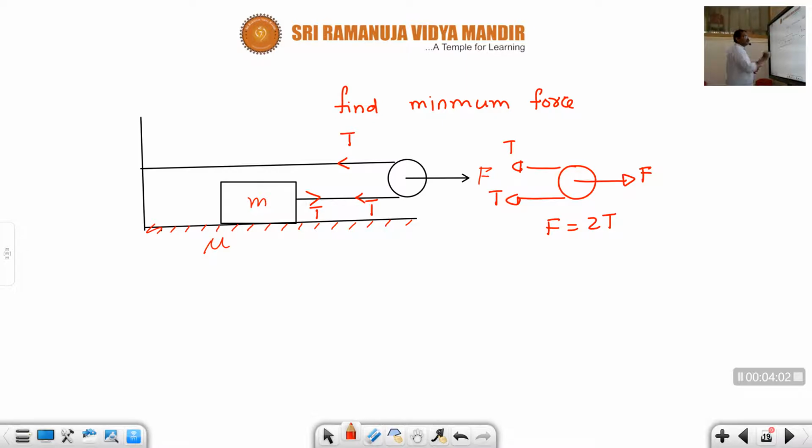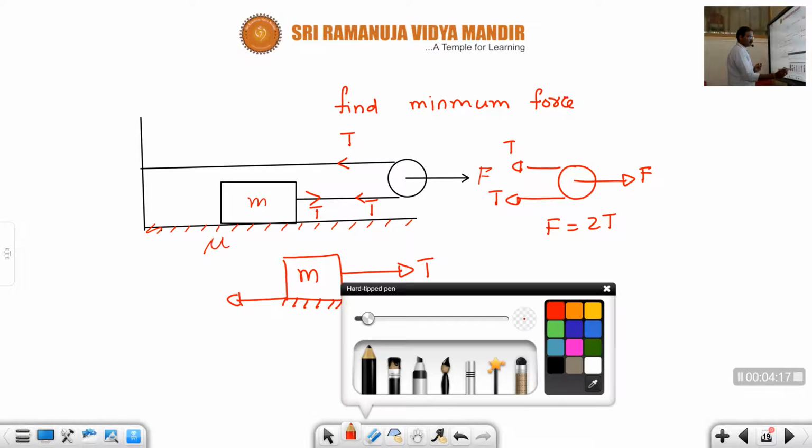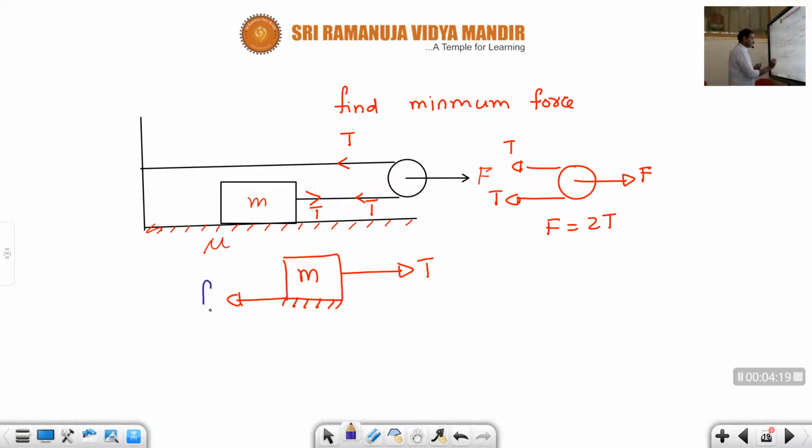So now in this case, if you consider the free body diagram for the block, here mass m is there. T is the tension, and this is the frictional force that will act. That means at equilibrium, at the minimum situation, the frictional force F is equal to tension.